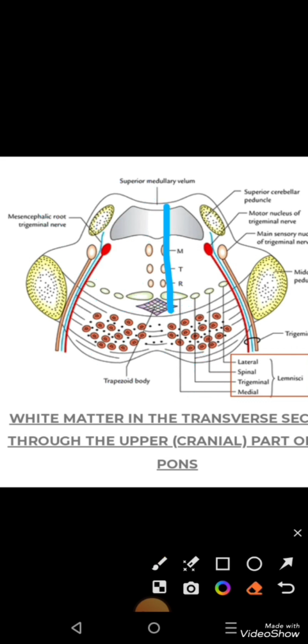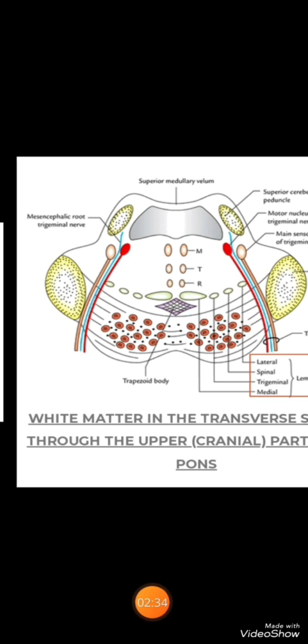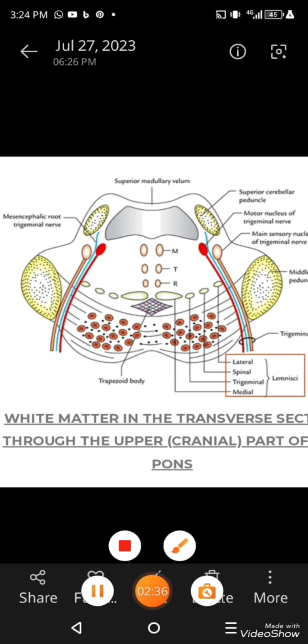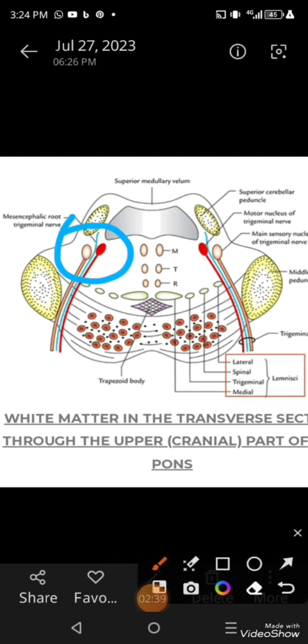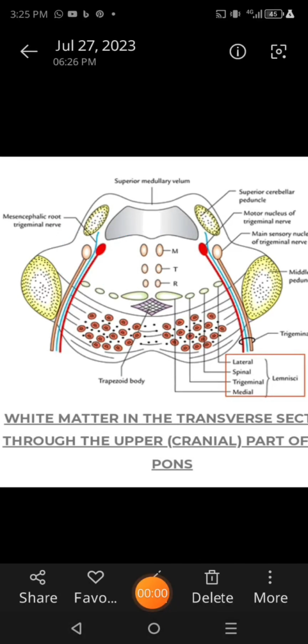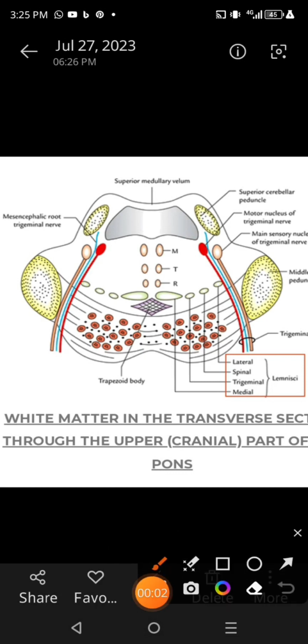Okay, after these tracts, what about the gray matter? We can mention the trigeminal nerve nuclei, the motor and the sensory. Okay, about the gray matter which is found in the tegmental part and the basilar part.